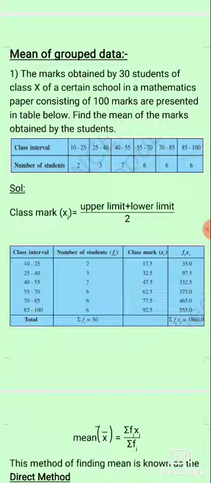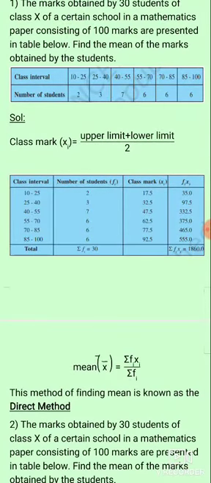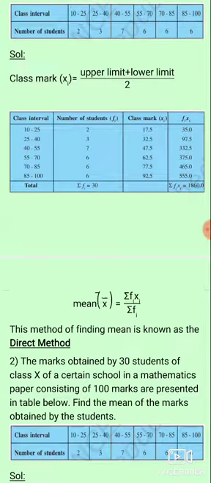The last method, the step deviation method, is a deleted portion. The first method is the direct method, and now the second method, listen carefully. The same question: the marks obtained by 30 students. We need to find the mean marks obtained by the students using the second method.